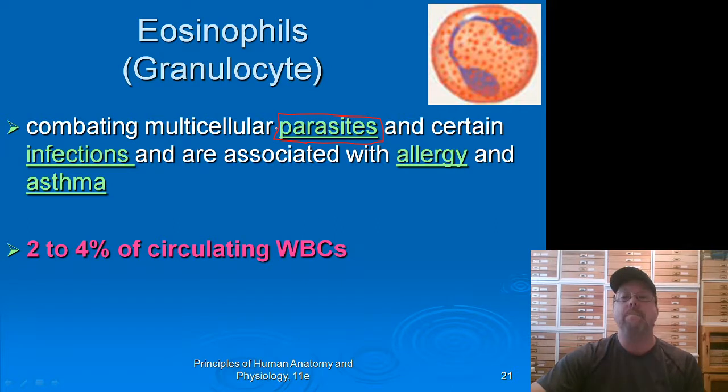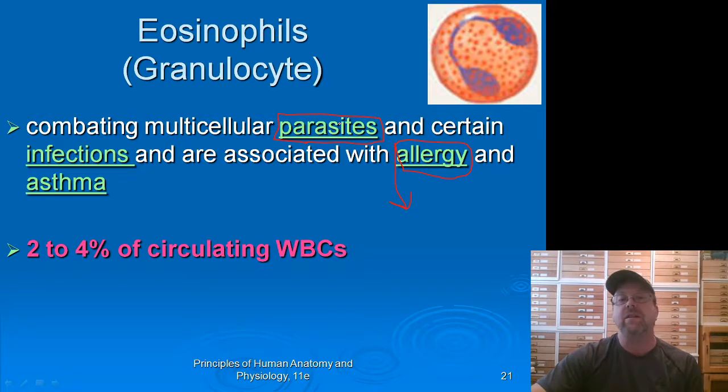Now, they are also associated with allergies. And if you have certain types of allergies, your body may mistake an allergen as a parasite. And so then your eosinophils are going to attack that allergen like it's a parasite.